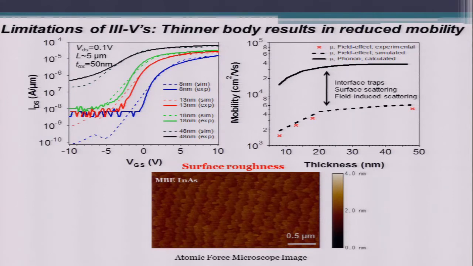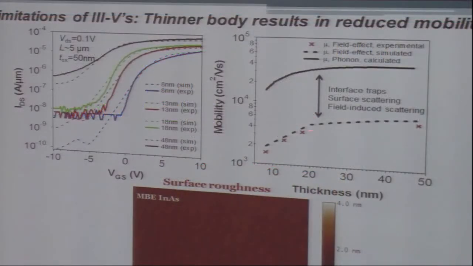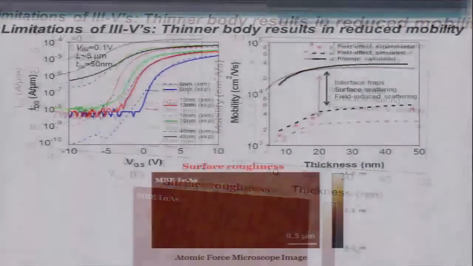III-Vs, as wonderful as they are, have a big limitation, and that's the thickness scaling. Here I'm plotting the measured mobility of our devices as a function of film thickness. And look at this. As you go down to sub 20 nanometer, you start to hit this valley of death in mobility. For silicon, the valley of death is about a couple of nanometers. Here it's much larger, and the reason for it is these materials are quantum confined.